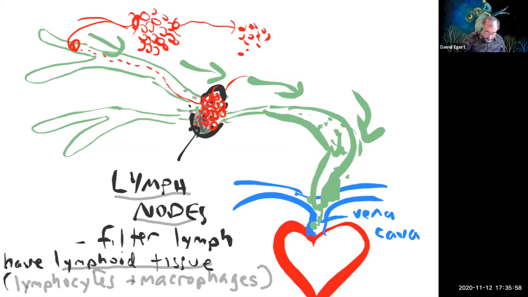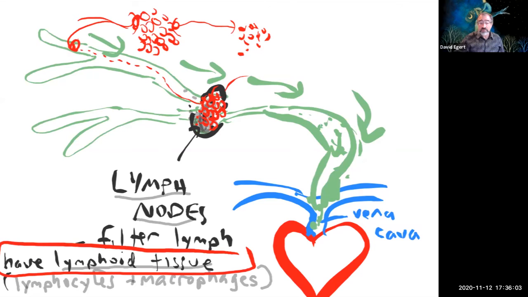Just briefly, this lymphoid tissue, I should mention, is lots of other places as well as lymph nodes. So let me just, for completeness, talk a little bit more about lymphoid tissue in the body.